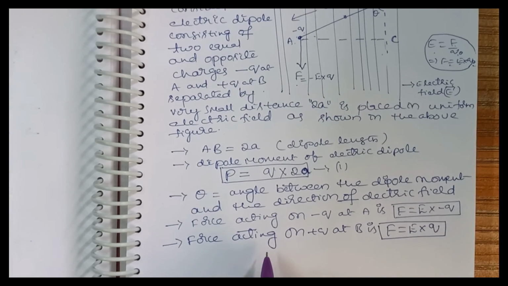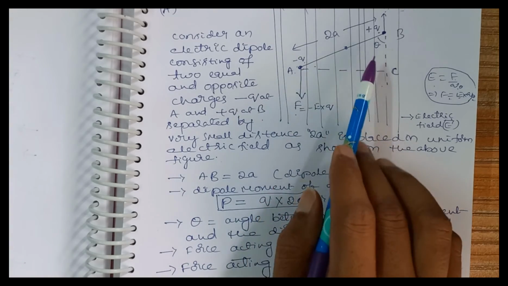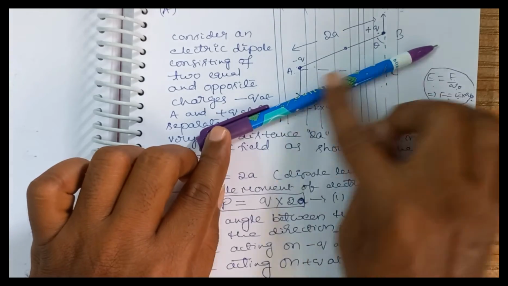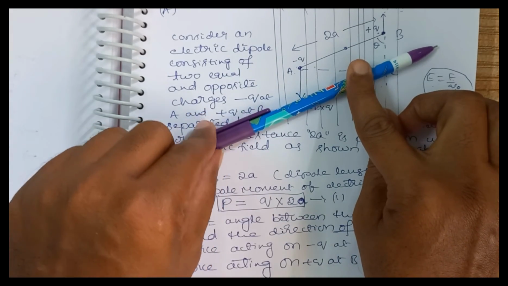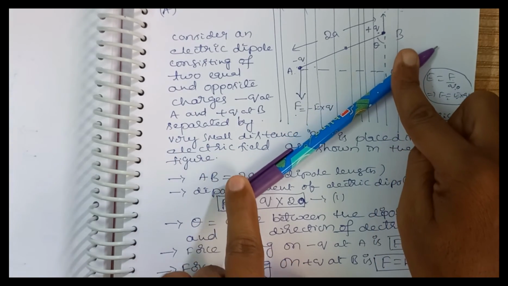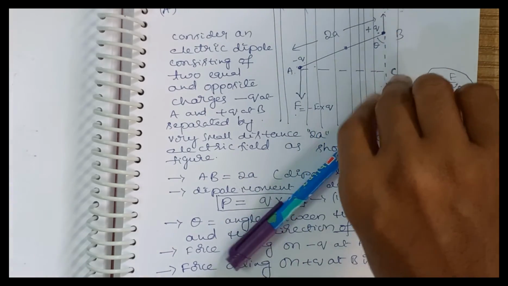So these two forces are unlike parallel forces. One force acts downward, another acts upward, so the dipole turns. This turning effect is called torque or moment of couple.